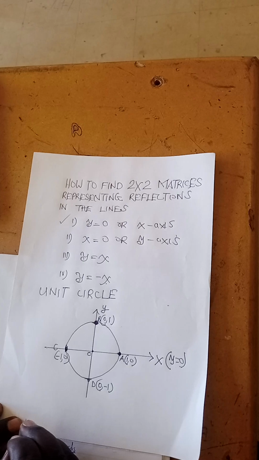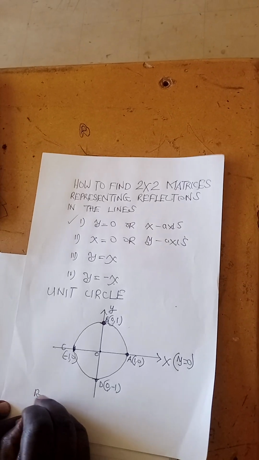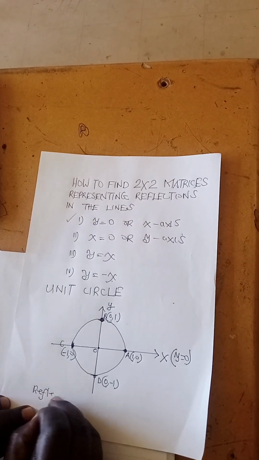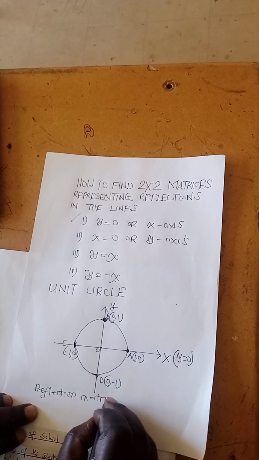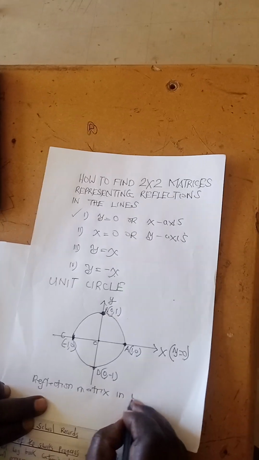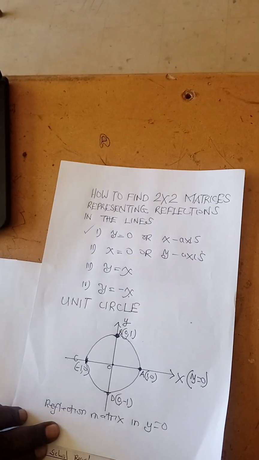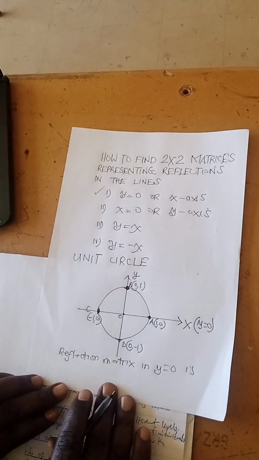So if I want the matrix of reflection in y is equal to 0, check how we do this.